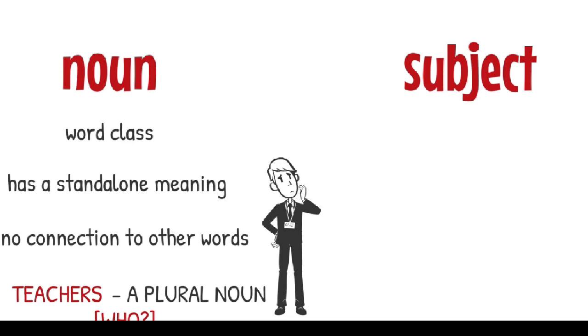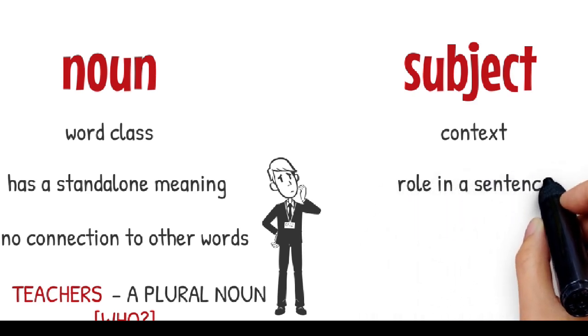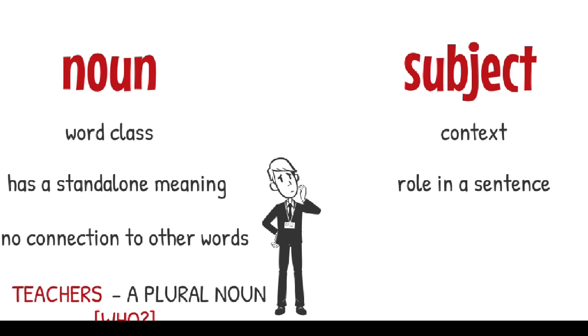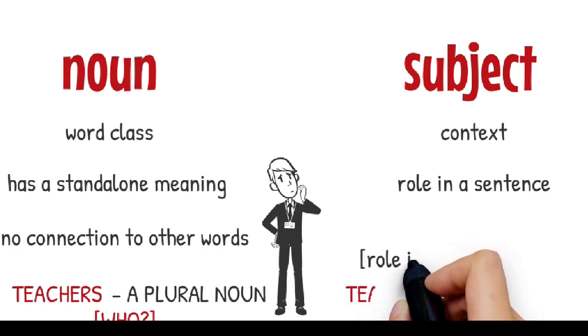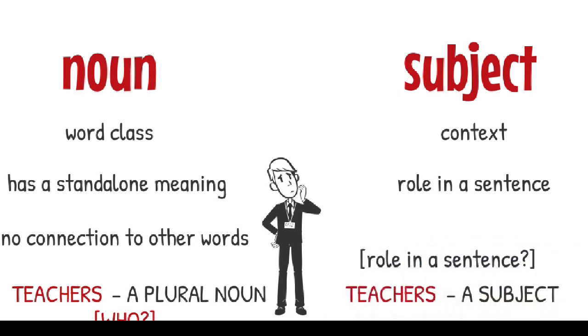But in the last sentence, the teachers agreed that the test was too difficult. We'll look at the context this word is used in, not its standalone function. And the noun teachers in this sentence plays the role of the subject.